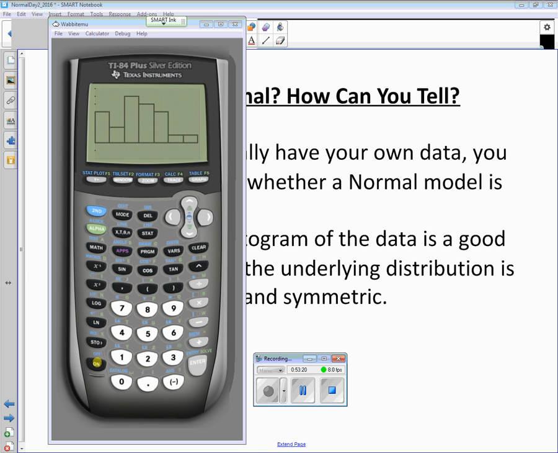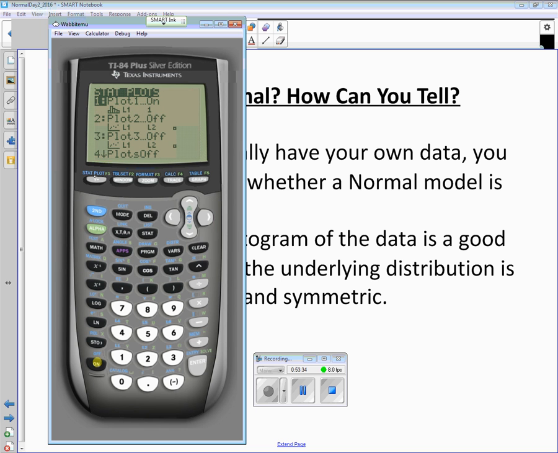It graphs the x-coordinates versus the z-scores, and that's how it creates this graph. That is not so important that you know. What's important that you know is this guy right here. The very, very last option on the type of stat plot is the normal probability plot.